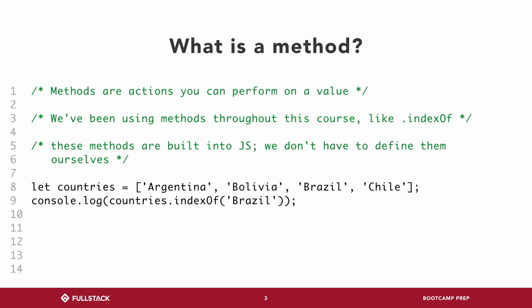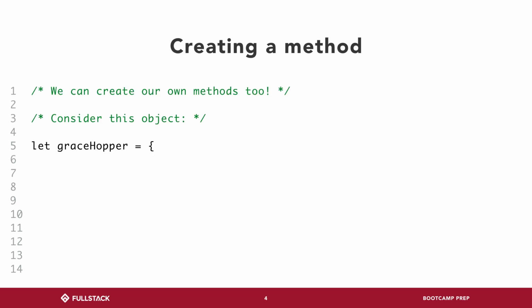So here we've got countries, and basically when we hit this bracket, it's telling JavaScript, hey, go create an array for me under the hood and save it to the value of countries. It uses the array constructor function to do so, and this is just syntax for us. It's okay if you didn't get that. So countries.indexOf Brazil is going to be what? 2. Exactly.